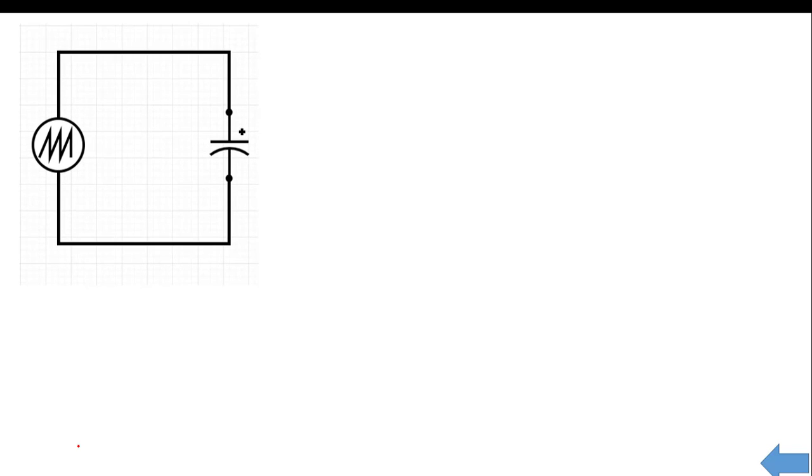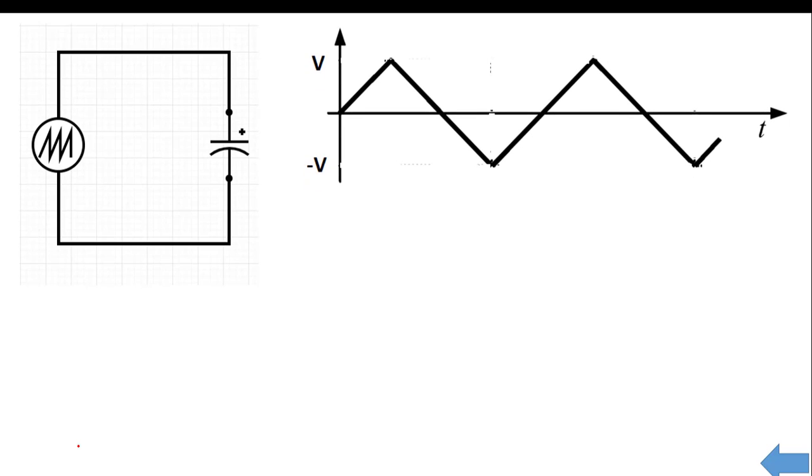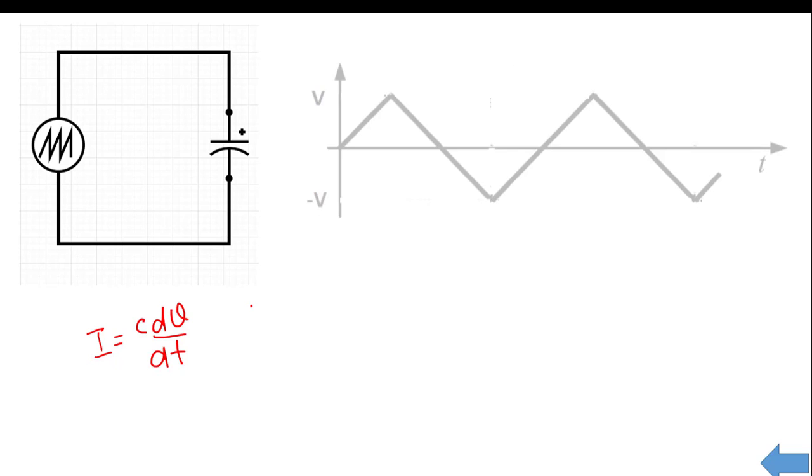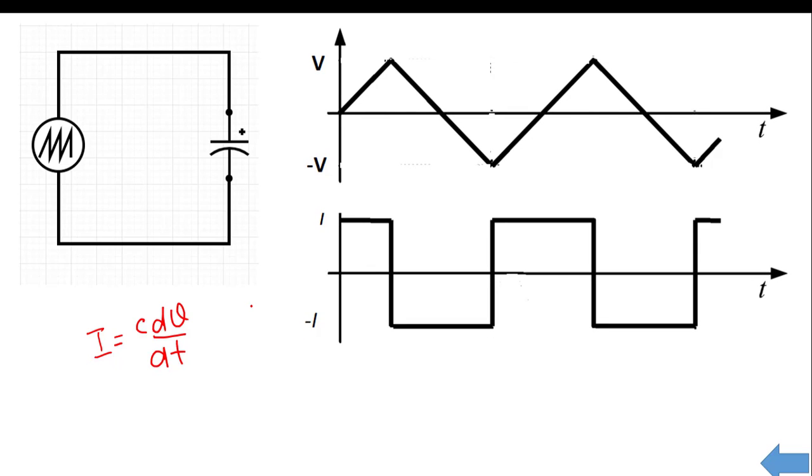Now we'll see the response of a capacitor having a triangular voltage. If the voltage is triangular and you want to find out the current, the current I is given, for a capacitor, by C dV over dt. If you want to know the response, you need to differentiate the voltage waveform.